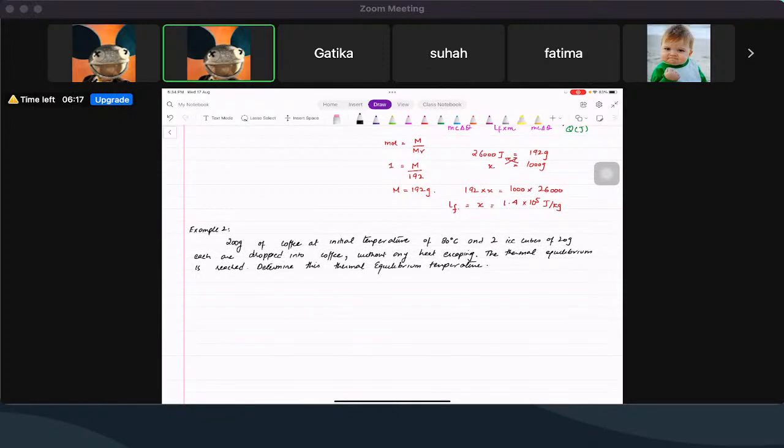And now they have also given some of the data. For coffee, they have written that C equals 4.18 joules per gram per degree Celsius. Initial temperature is given as 80 degrees and the mass is 200 grams. For ice, they have given latent heat of fusion as 334 joules per gram.